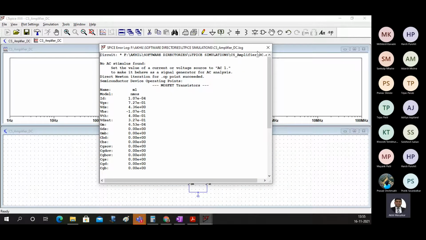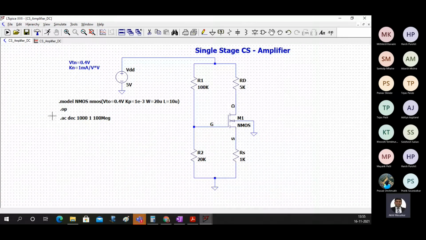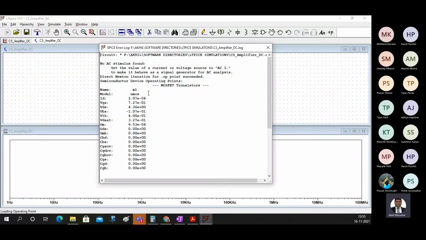I wanted to show you this actually. If I run a dot op command with a dot AC, then I can plot AC as well as DC characteristics together. You don't have to find out VGS by subtracting VG and VS. You can directly get it here.